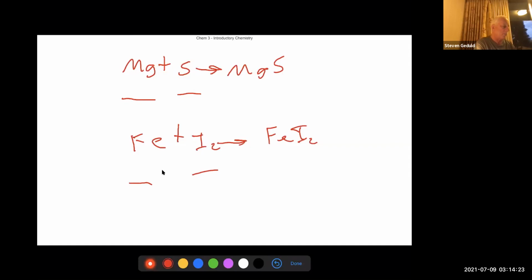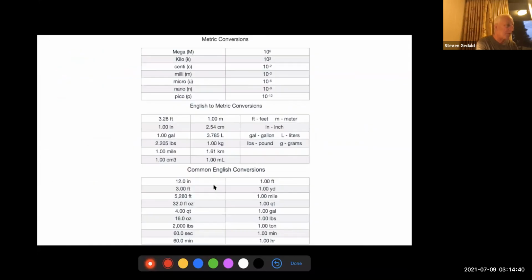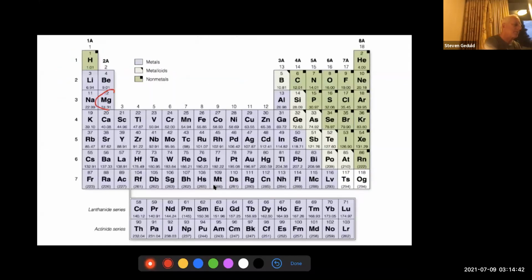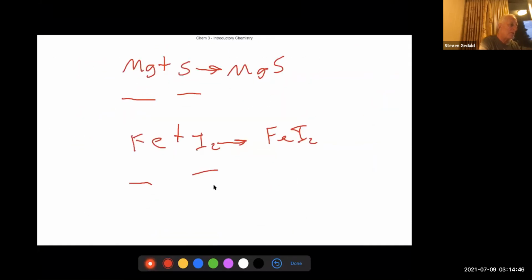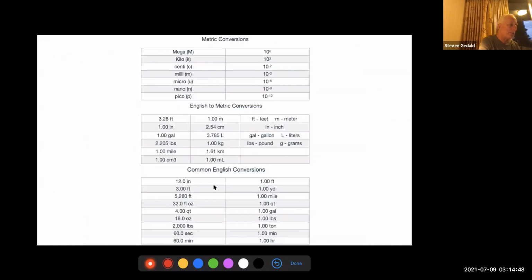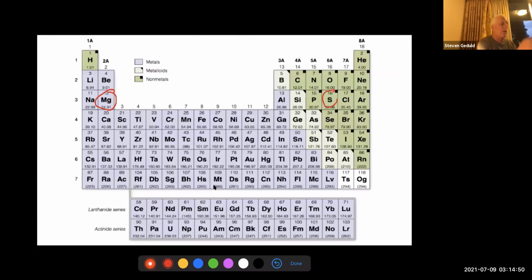Okay, so Mg, is that going to lose electrons or gain electrons? Look at the periodic table. Look where it is. Magnesium, and what was it combining with? Sulfur. Okay. Remember this line here?